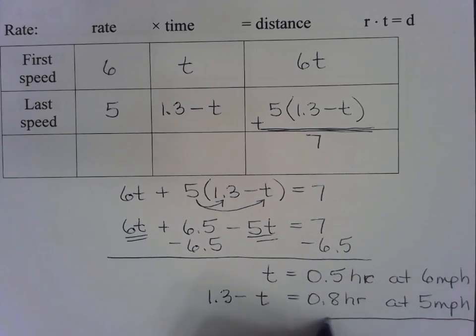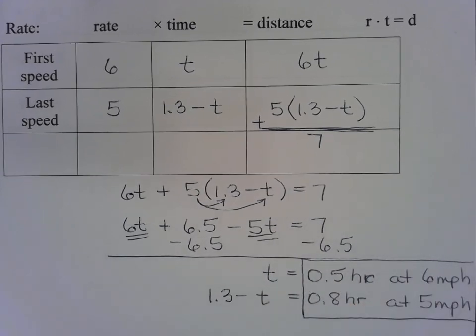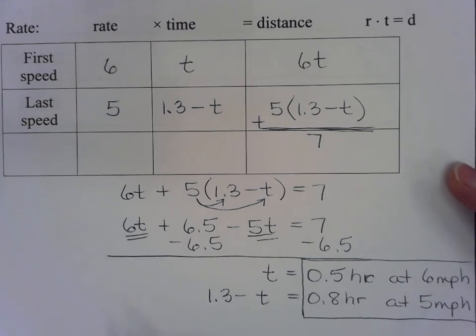Now, if you really wanted to get an understanding of this, you could convert that into minutes. I'm not going to require that, and I'm not going to do that right now because I don't want to cloud up what we've just done, but you could. We know half an hour is 30 minutes, so we could figure all that out if we wanted to.